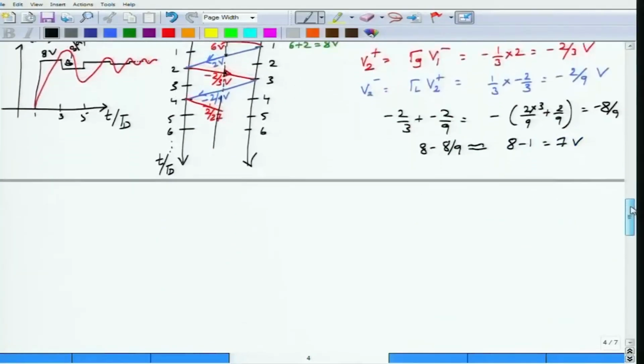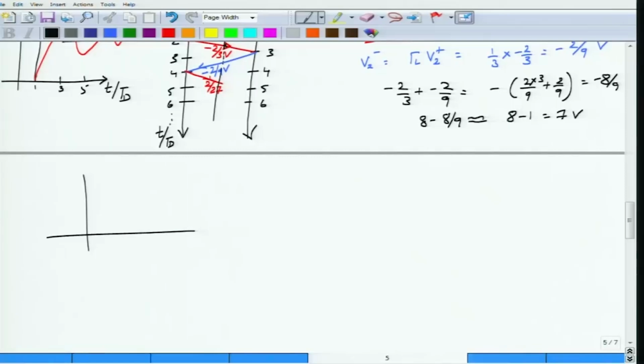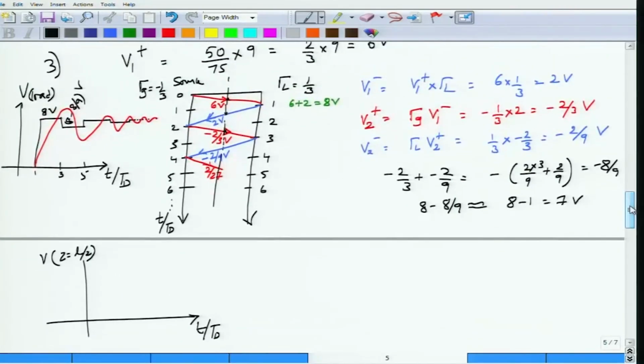Okay. So, if you were to plot the voltage waveform as a function of time at z equal to L by 2, that is halfway through the transmission line, initially until Td by 2, that is until 0.5 you do not see anything. So, at 0.5 you see 6 volts, okay. Then it will again change at 1.5 time durations, at which point it would again rise slightly because this is a 2 volt jump.